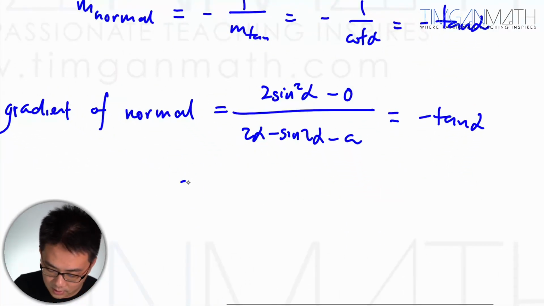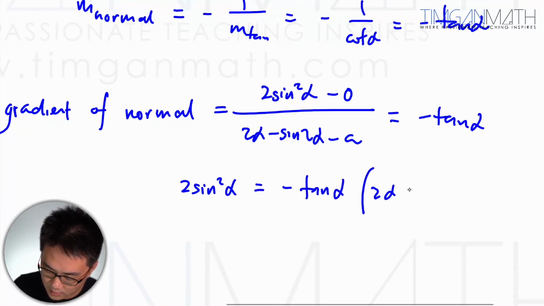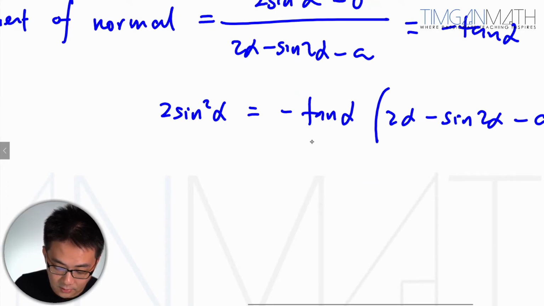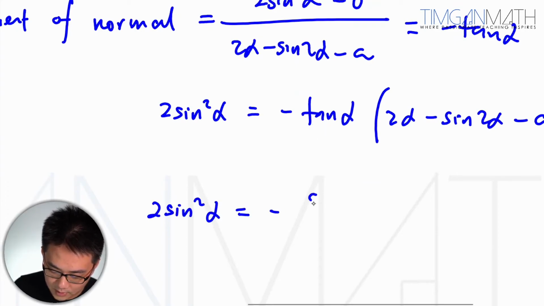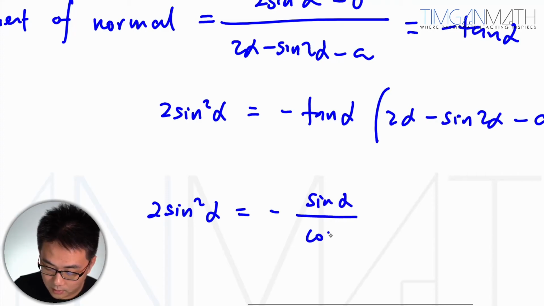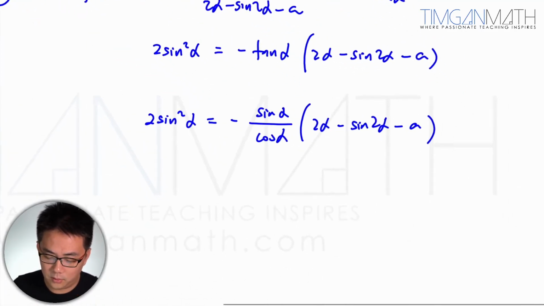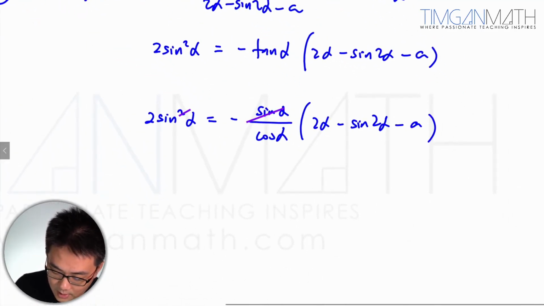But just chill. So it's negative tan alpha, with 2 alpha minus sine 2 alpha minus a. I just cross multiply this up, and I get 2 sine square alpha minus sine alpha cosine alpha. You could just skip steps, but I'm trying not to skip too many steps so that you all can follow.